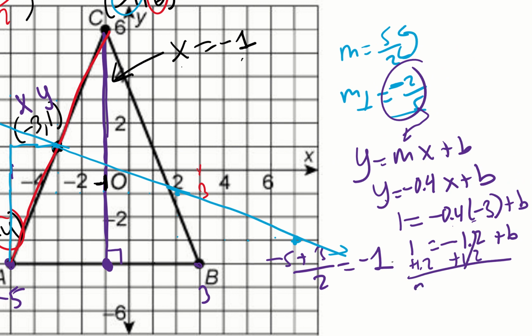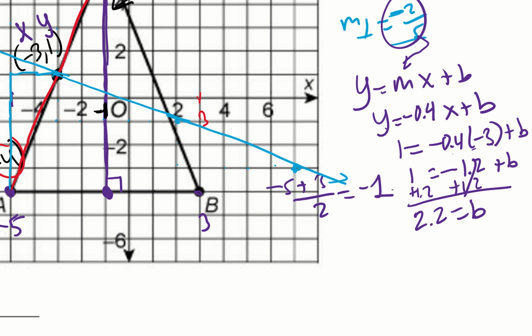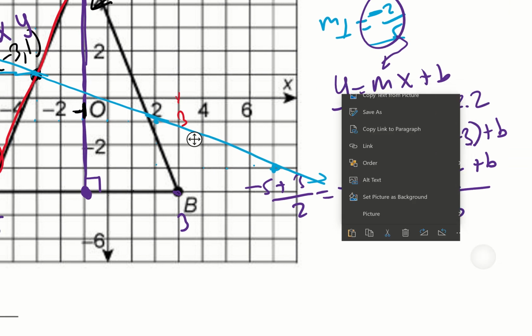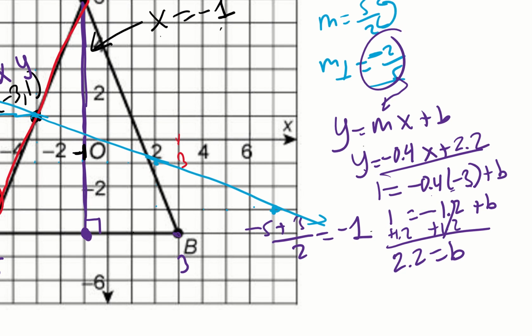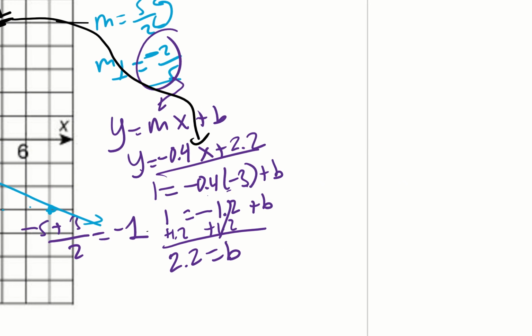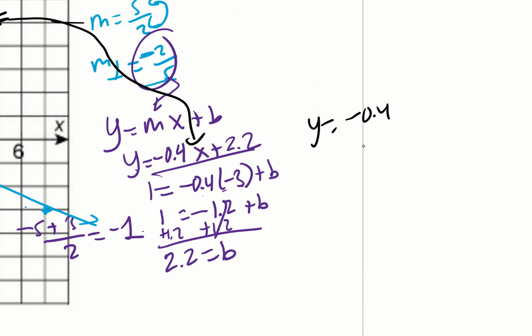We get 2.2 is equal to b. So we'll go ahead and replace this with 2.2. All right, so this is my equation. Now we're going to figure out where it crosses, but we know that this is equal to x equals -1, so we can plug in -1 into this equation. So we get y equals -0.4 times -1 plus 2.2.